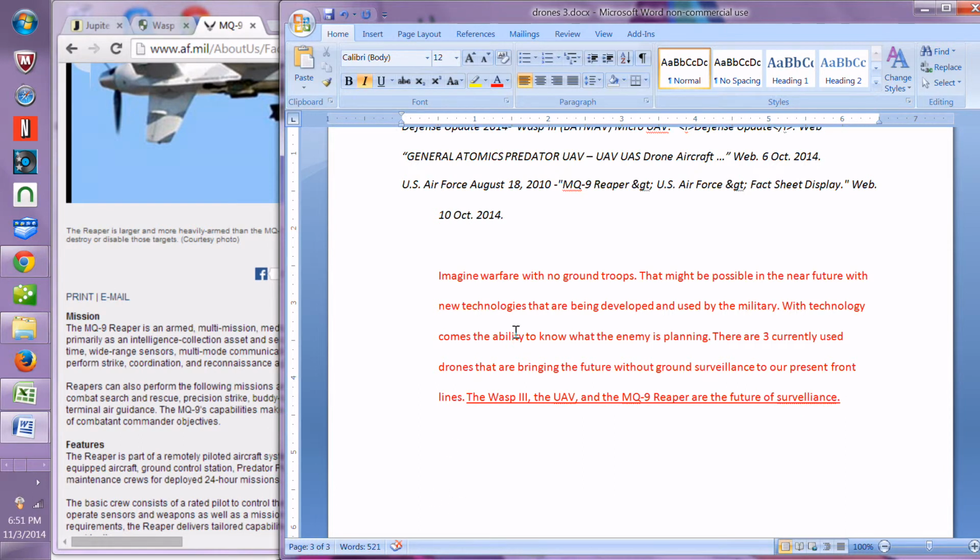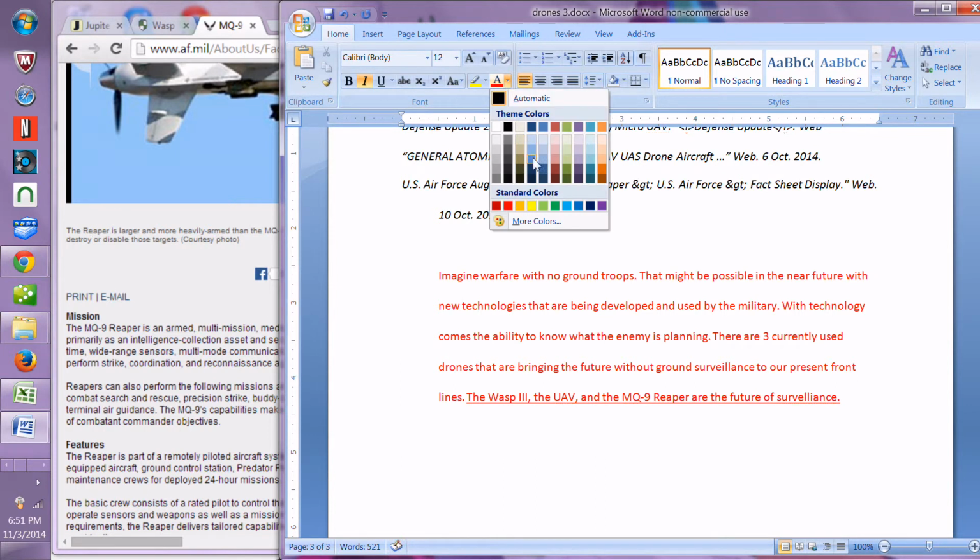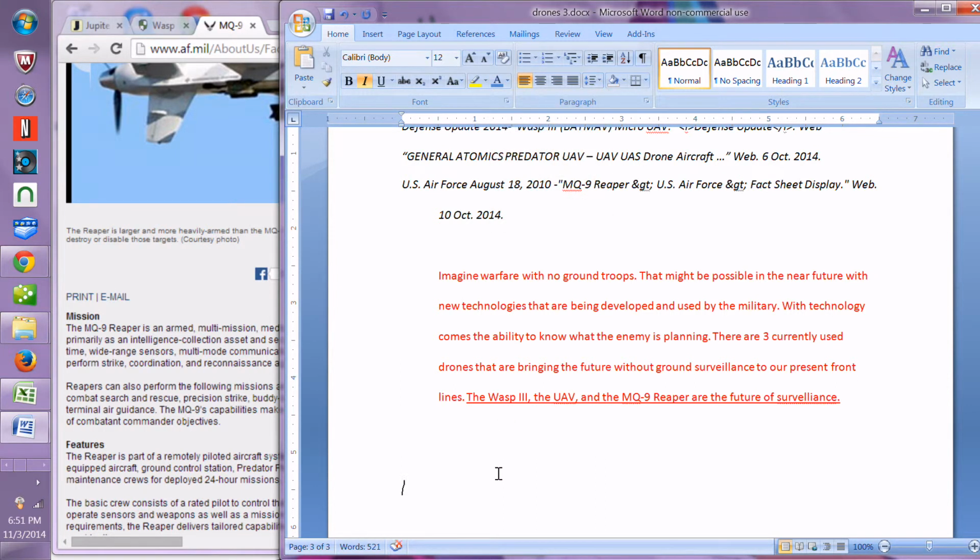Now the conclusion, and you can see I went general to specific. Let me change the color here for the conclusion. The conclusion is going to do exactly the opposite. So we could say the WASP-3, the UAV, and the MQ-9 Reaper are important advancements in warfare.